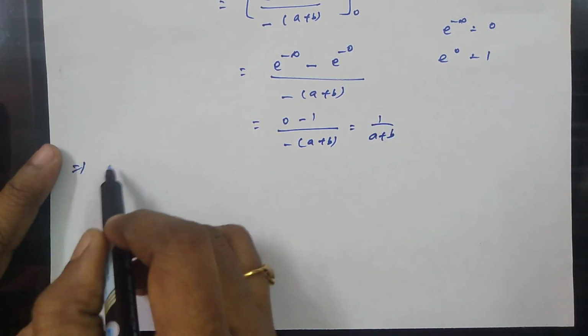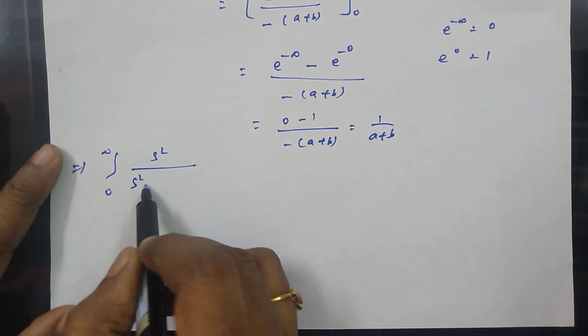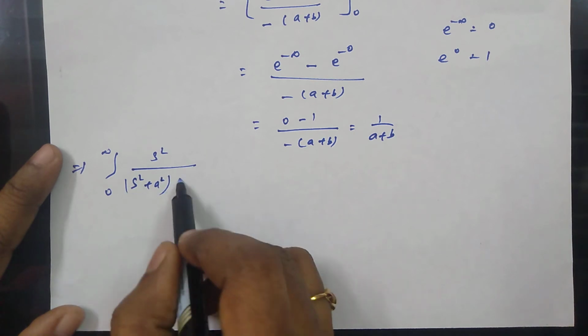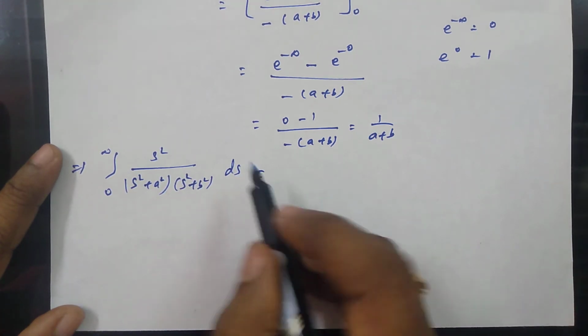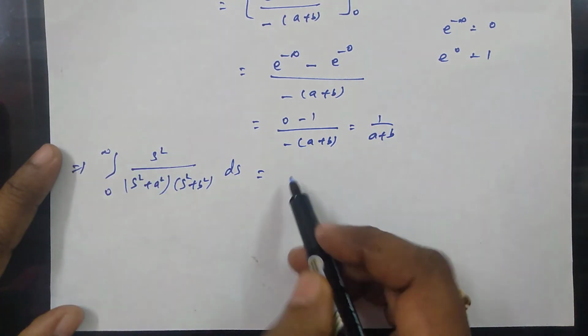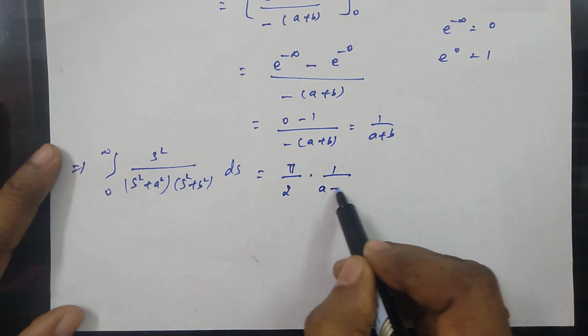So, integral 0 to infinity s square divided by (s square plus a square) into (s square plus b square) ds equals, cross multiplying the 2 by pi, pi by 2 into 1 by (a plus b).